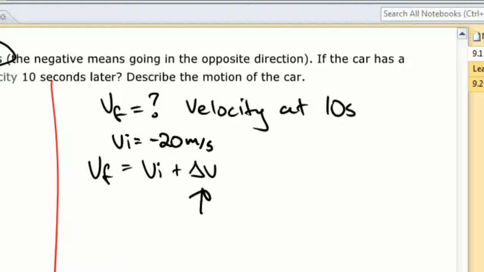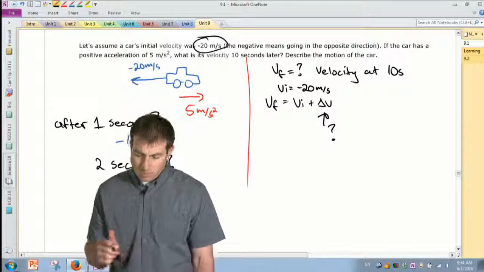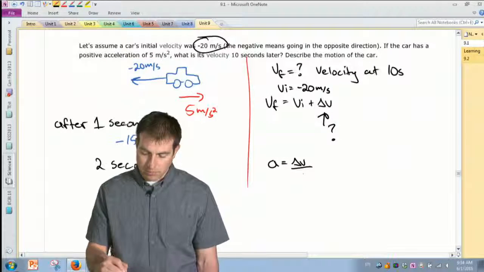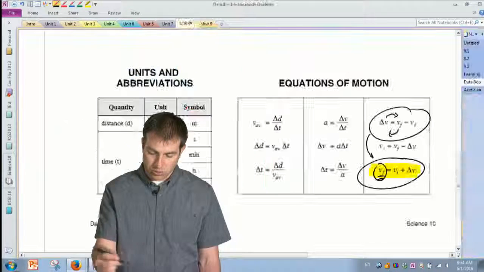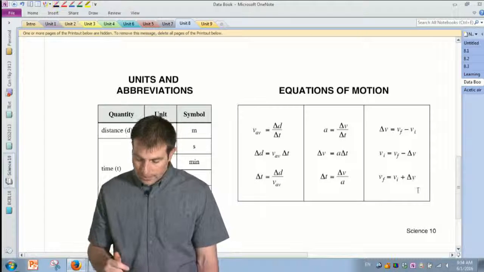Do I know my change in velocity? I don't. I don't know what I changed my velocity over that time interval. But I could find it because I know my acceleration is the change in velocity divided by the change in time. Or, if I jump back over to my formula sheet, what do I know? I know my time, I know my acceleration.